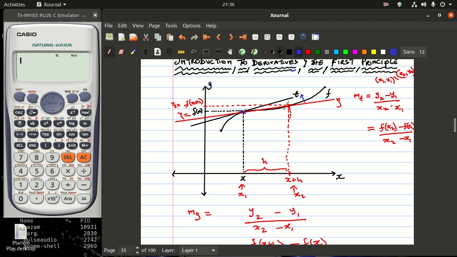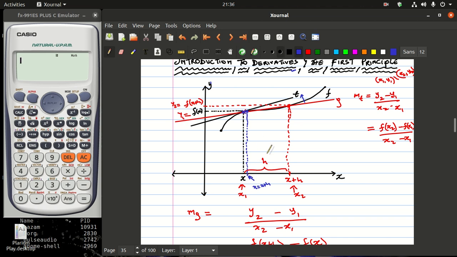To make this short, let's say now I pick another point somewhere here on this function, such that now my x2 here is somewhere here. So my x2, which is equal to x plus h, now is somewhere here.